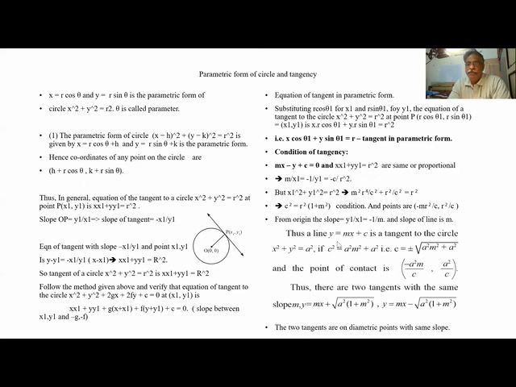So y is mx plus c is a tangent to the circle if c² is equal to a² into (1 plus m²), or c is equal to plus or minus this. We have two c's here, plus c and minus c. So both are tangents to the circle with the same slope. And the points are minus a² m by c and a² by c. Let us understand this.